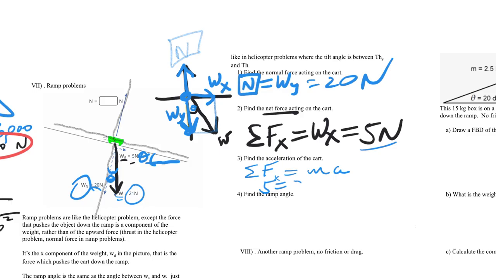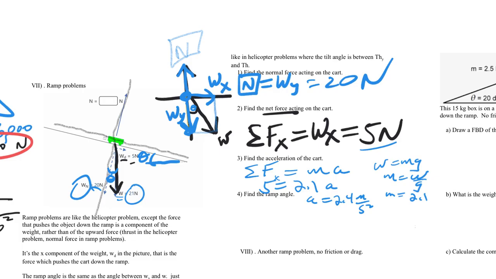W equals mg, so mass equals W divided by g. So just divide the weight by 10, and you get 2.1 times a. And so a is equal to 5 divided by 2.1, which is 2.4 meters per second squared.